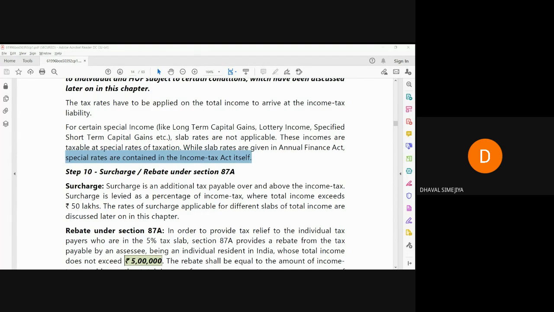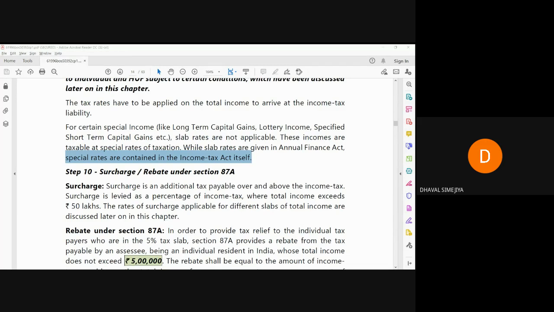For example, my income is 55 lakh rupees. So I have calculated tax: up to 2 lakh 50,000, 0; 2 lakh 50 to 5 lakh, 5%; 5 lakh to 10 lakh, 20%; and more than 10 lakh, but up to 55 lakh, 30%.